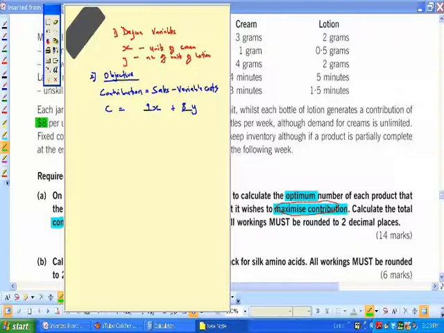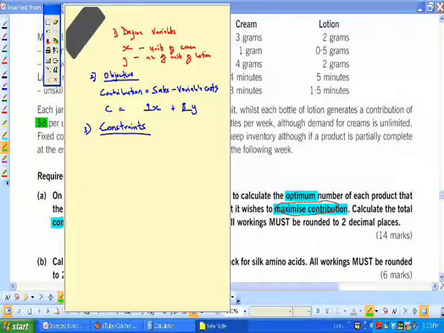Just this simple formula here is going to get you some marks. So by saying contribution is 9x plus 8y, those are some marks. Then 3 is constraints.